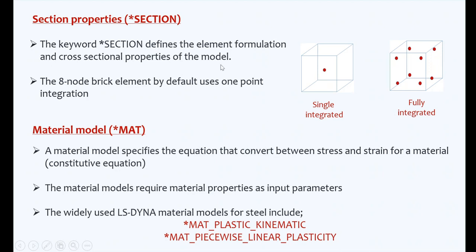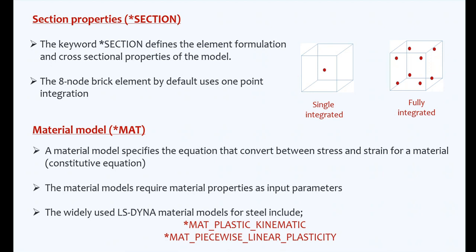Element formulation is basically how you are performing the numerical integration. You know about the Gaussian integration rule, and you have studied fully integrated and partially integrated elements. So in LS-DYNA, using the section property, we tell the software how you want to perform the integration.